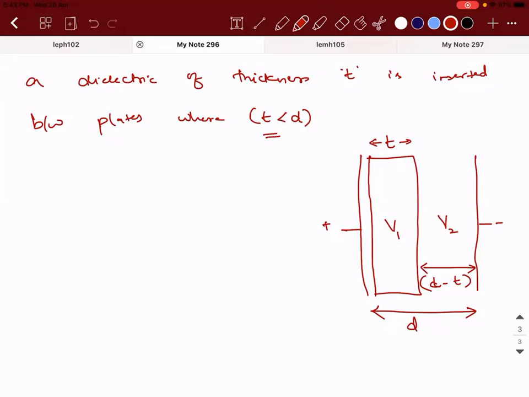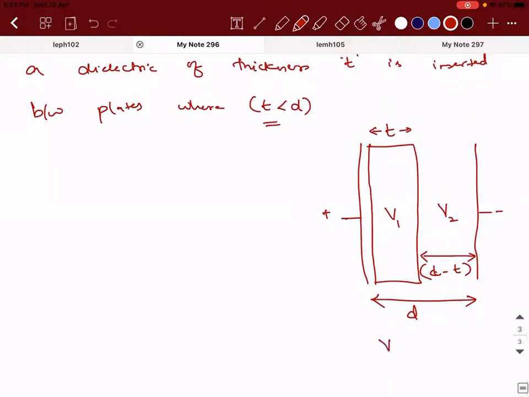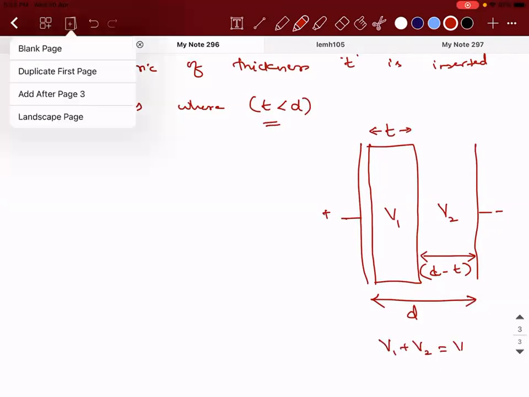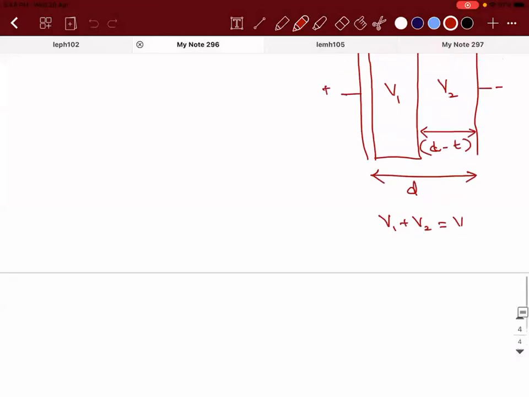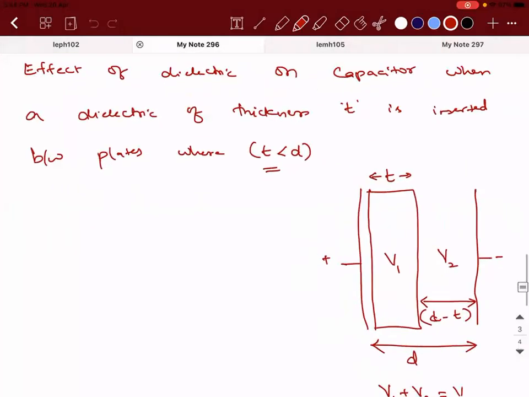Are they not looking like they're in series? Yes. So when that is the case, can I say V1 plus V2 is equal to V? Yes or no? Listen. The net electric field outside is E naught.